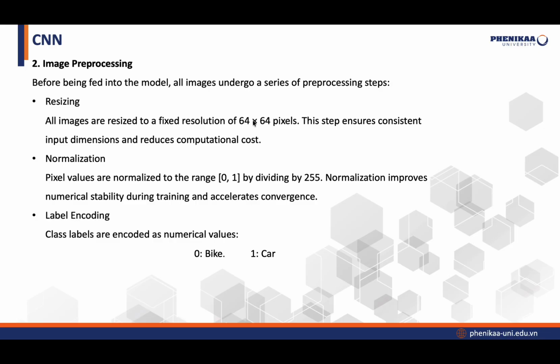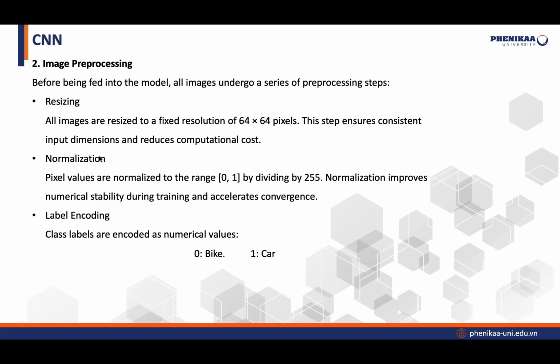Part 2 is image preprocessing before being fed into the model. All images undergo a series of processing steps. First is resizing. All images are resized to a fixed resolution of 64 by 64 pixels. This step ensures consistent input dimensions and reduces computational cost.